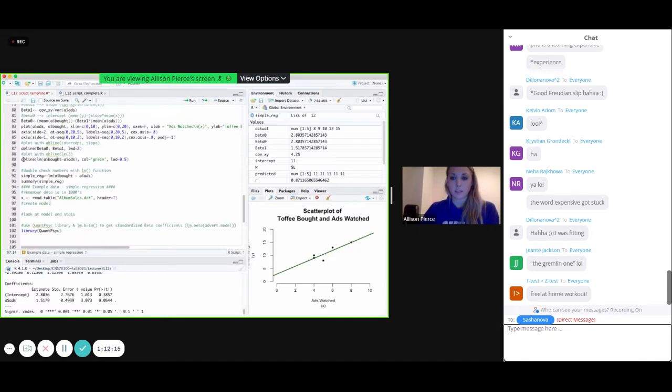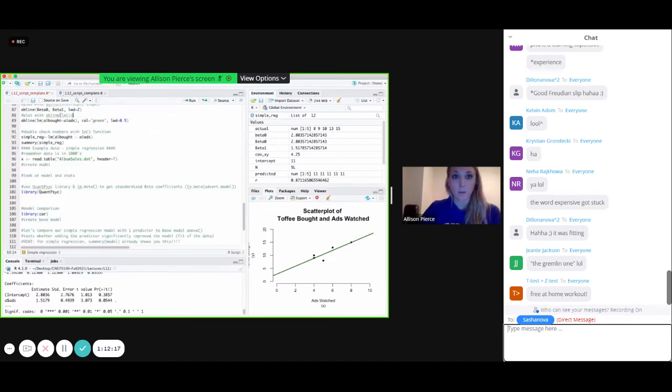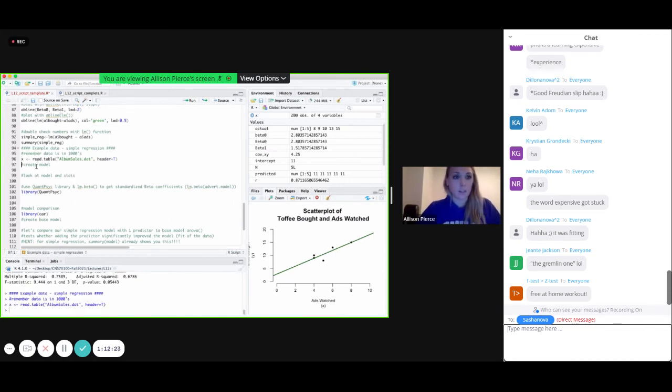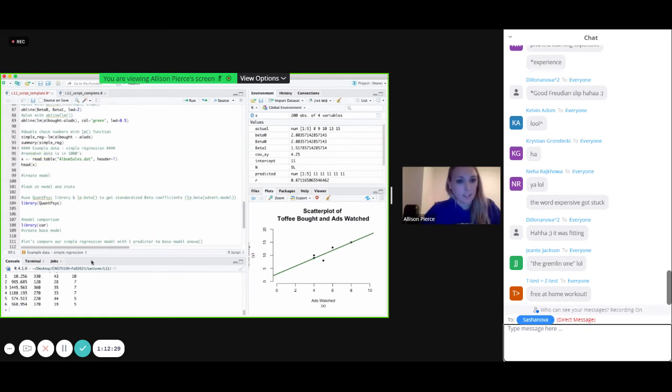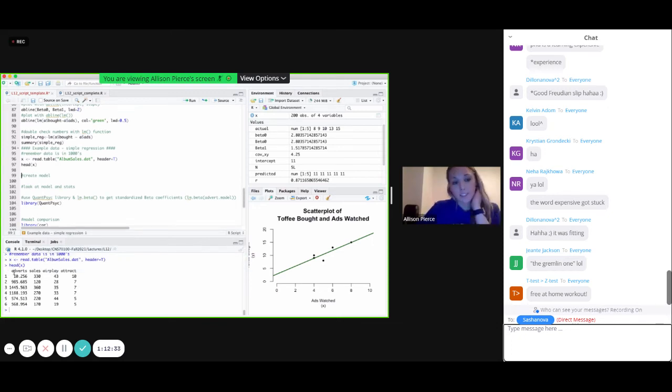All right, so let's read in our album data. We have a different data set here. This is album sales. Generally when you load in data, take a look at it and see what you're working with. So we have our advertising budget, I think, in thousands of dollars.